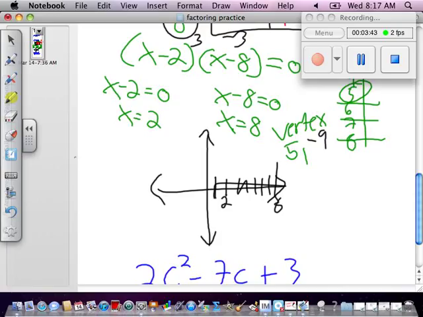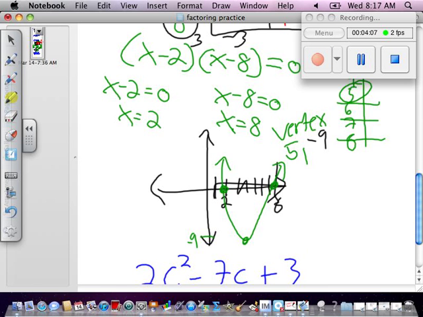So we know our graph goes through 2 and 8. At 5, we go down to negative 9. And it looks like this. We're not going to do a lot of graphing, but I want to make sure you know how to do it.